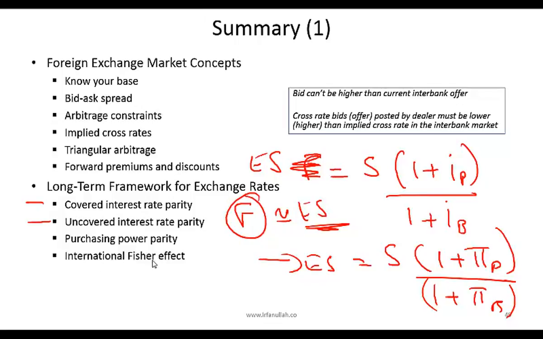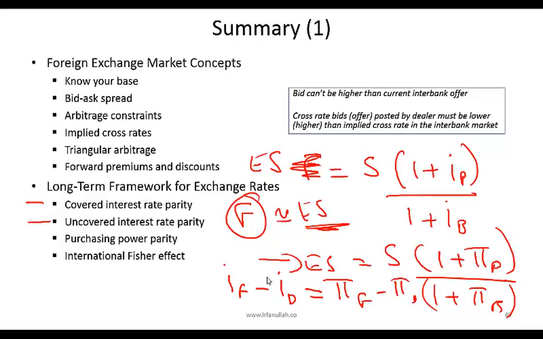Next is the international Fisher effect, and all we are saying here is the following: between two different economies there will be a certain differential in interest rates. So let's say there is a certain foreign country and a certain domestic country. The difference in the interest rates will be equal to the inflation differential.